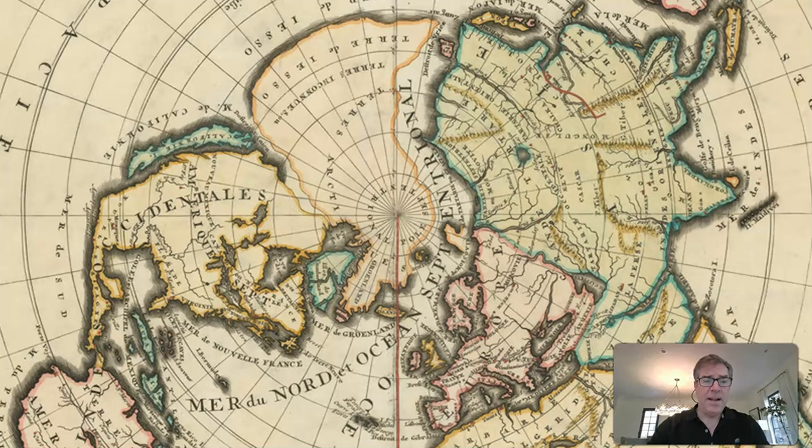And you can see the state of California as an island. You can see between the border of the land of Jesus and California, you can see the Strait of Anian. And on the other border near Russia, which on this map is Tartary, you can see the Strait of De Vries.